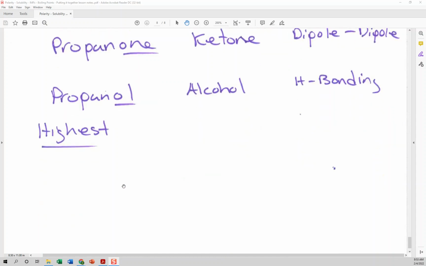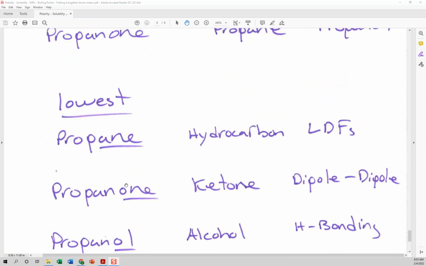Alcohol, hydrogen bonding. Okay? So make sure you review your prefixes, know which ones have that FON bond, H bonded to F, H bonded to O, or H bonded to N. For functional groups, you're looking for the H bonded to O, and you have H bonded to O in alcohol groups and acid groups, carboxylic acid groups.